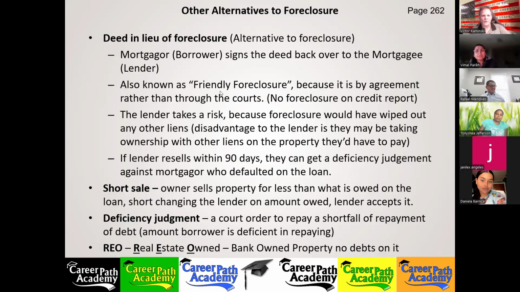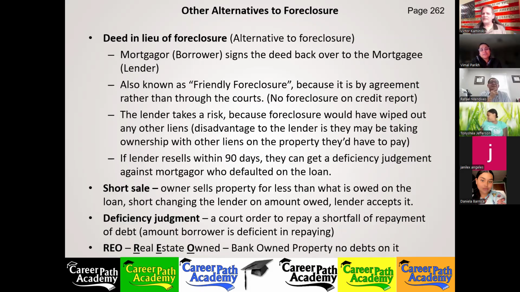But a deed in lieu of foreclosure is an alternative to foreclosure. So the mortgagor, the borrower, signs the deed back over to the lender, the mortgagee.